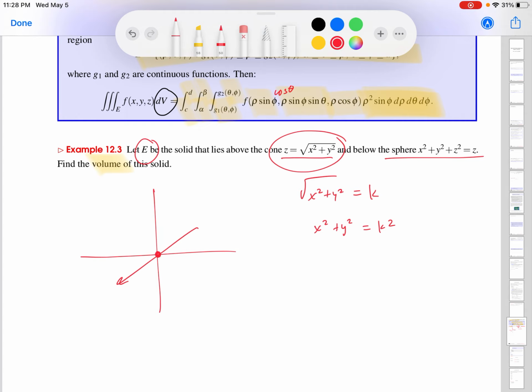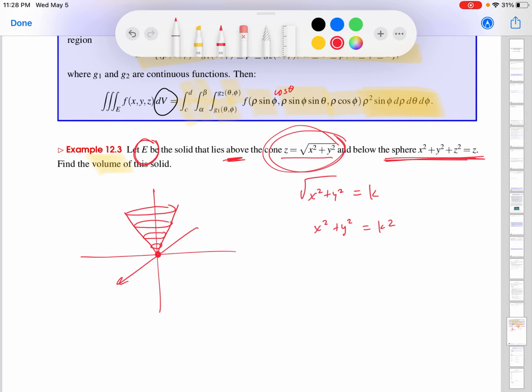So I start at the origin. And then as I move up the z-axis, I get larger and larger radius circles. So that is why I get a cone for this plot up here. Great. And then the E solid that we're trying to visualize here lies above this cone and below this sphere.